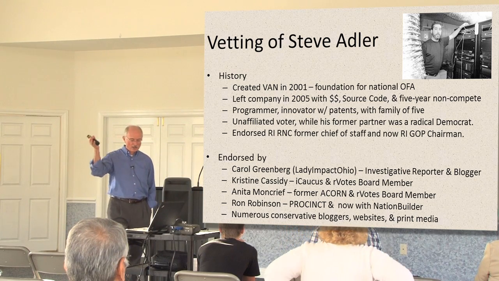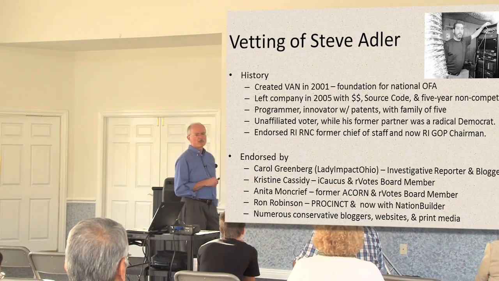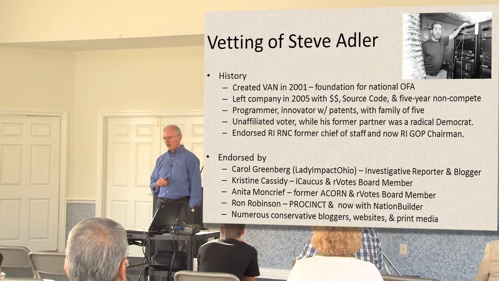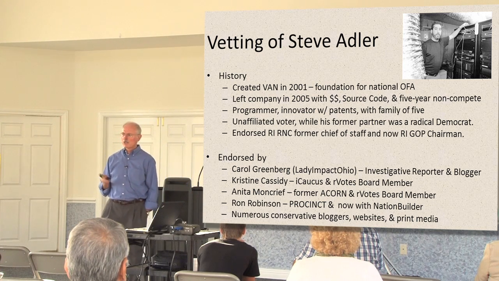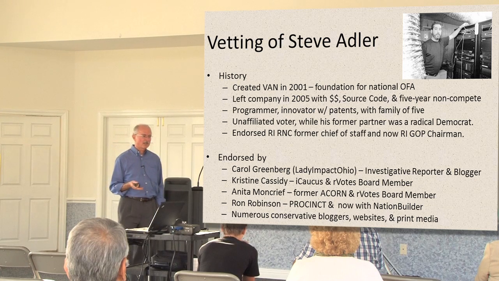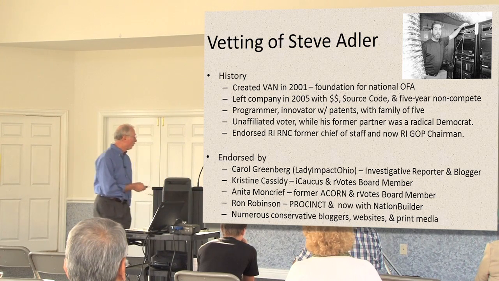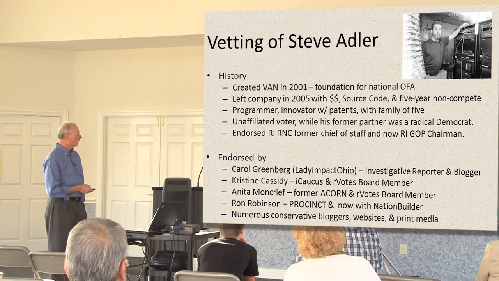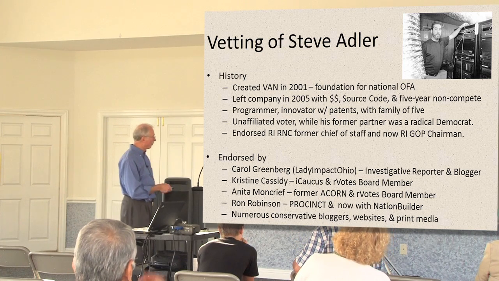I've talked with Anita recently at a convention, and I asked her, so why did you leave? She says, well, I liked a lot of the things they were for, but when I saw the corruption and what they were willing to do to get the candidates elected, I couldn't stand for that, so I left. And so she's on the board. Ron Robinson, he had ProSync. He's in California, and I started working with Ron.